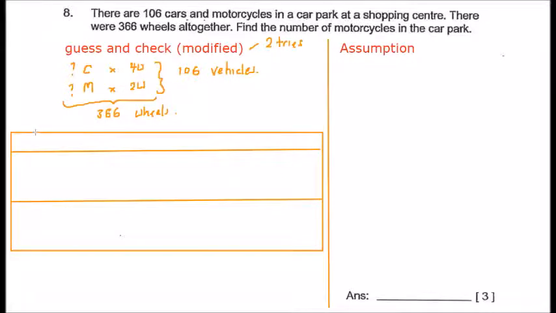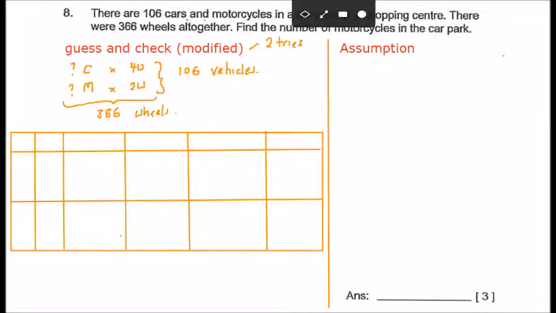The first column will be the number of cars and the number of motorcycles, then the number of wheels that the cars have, the number of wheels that the motorcycles have, total wheels, and lastly we have to do a check.